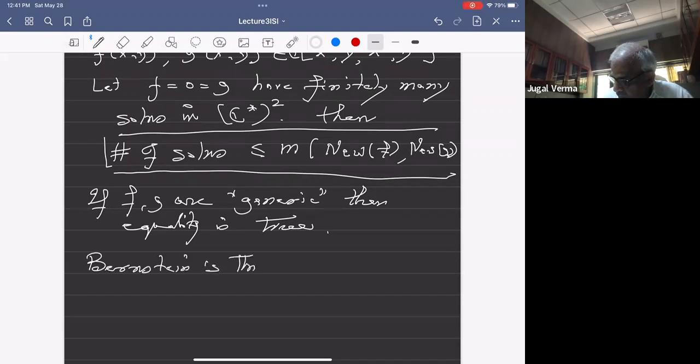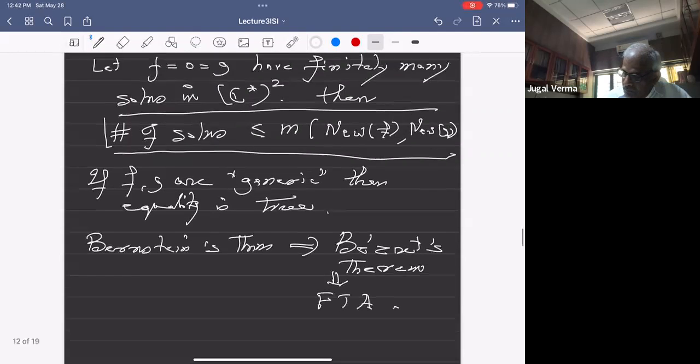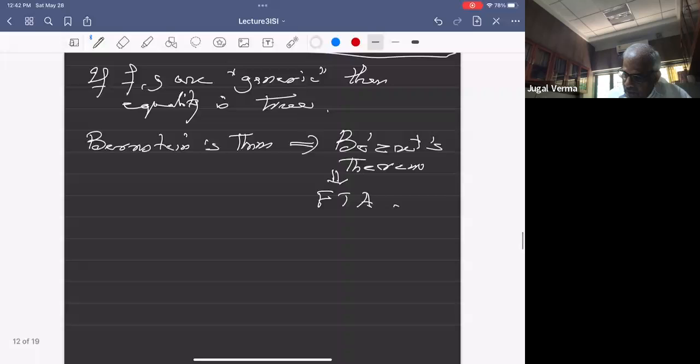Bernstein's theorem implies Bézout's theorem. And of course, a small exercise for you is to prove that Bézout's theorem implies the fundamental theorem of algebra. Okay, let us prove that.